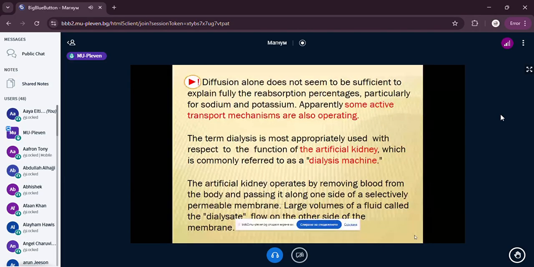Large volumes of a specific fluid called dialysate are placed in contact with the blood via a membrane, and that dialysate is very much controlled regarding content, for the concentration of waste products, but also of vital ions and molecules at the necessary optimal level.